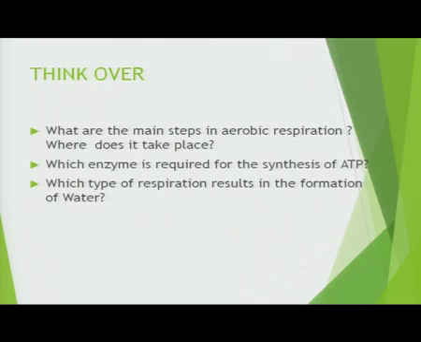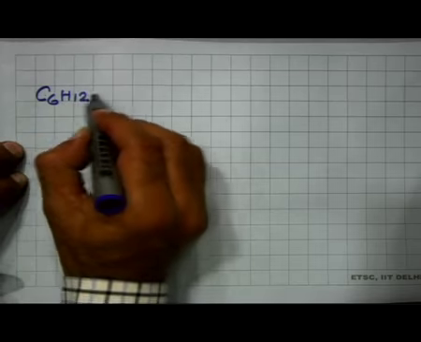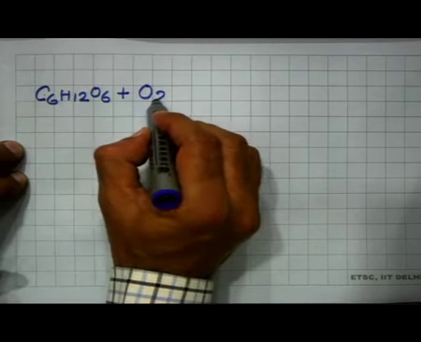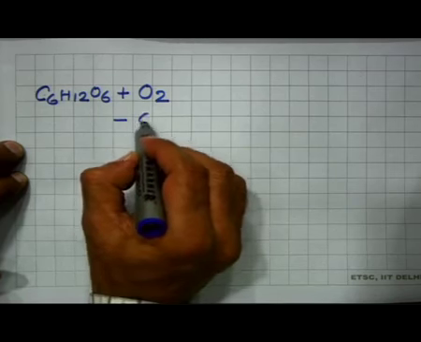And now, think over this question: which type of respiration results in the formation of water? The ultimate product is water, as we have already discussed in my first class. In respiration, what happens? The carbohydrate molecule either combines with oxygen or reacts in the absence of oxygen.